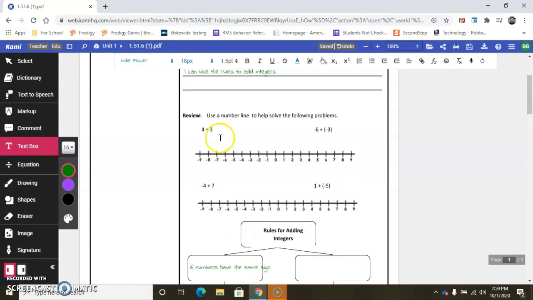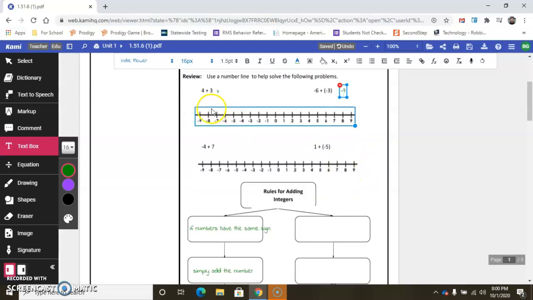So if we think about these ones back up here, 4 plus 3 is 7, both of the numbers are positive, so my answer is positive. If you think of over here, both of the signs are negative, so add the numbers to get 9, but because both of them are negative, your answer remains negative. So same signs, add and keep.